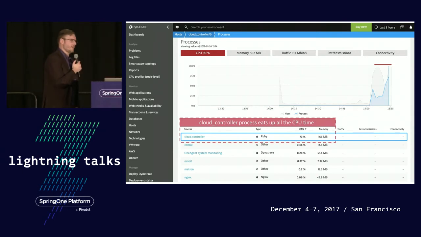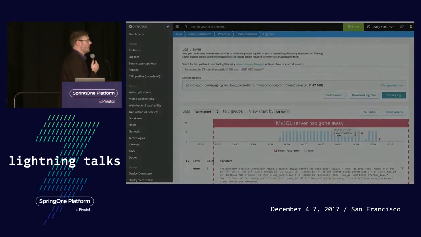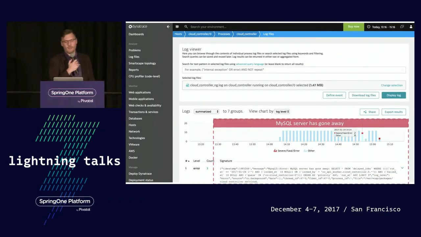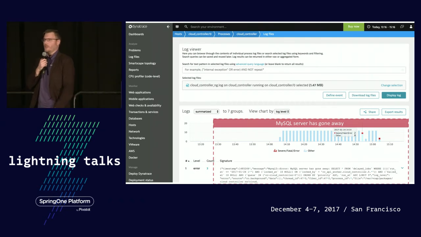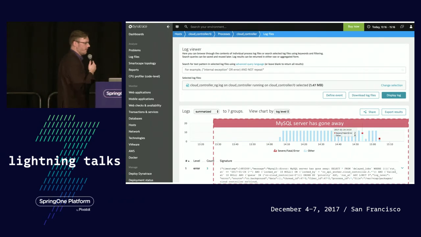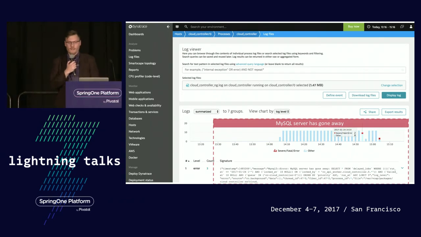Then we looked at the logs from that particular process, and we saw that our SQL server had gone away. The cloud controller is talking to MySQL, storing some data there, and things were starting to go away.